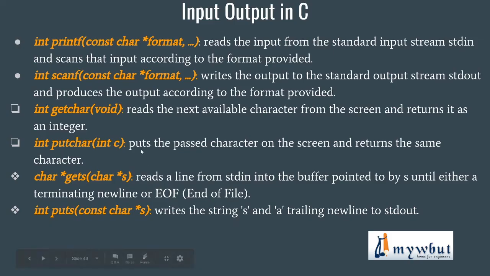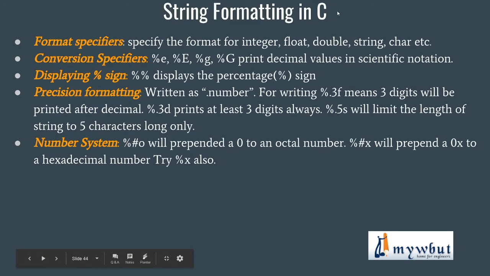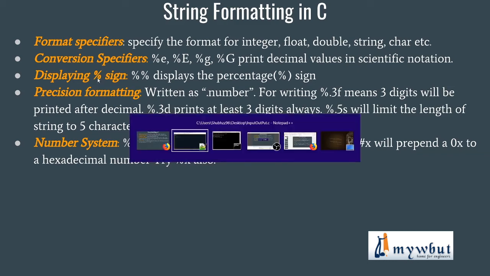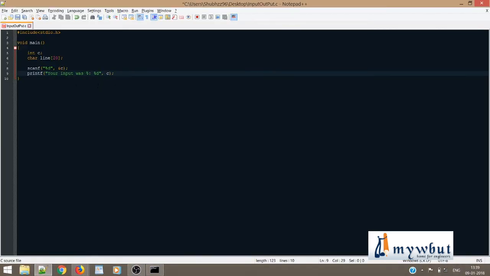Now we shall see string formatting in C. As I just told you, printf provides us several options for formatting a string. So let us see that. First we'll see how to display this % sign. It's pretty simple. I want to display a % sign after these words. So what I have to do is write it in this manner: percentage and another percentage.